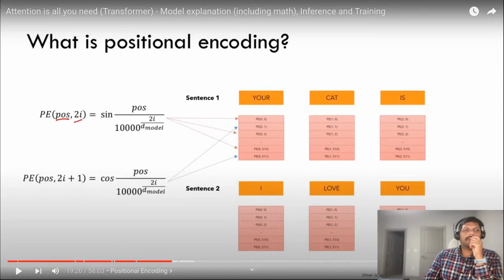So sine of 3 by 10,000 power 6 by 512. What is i?